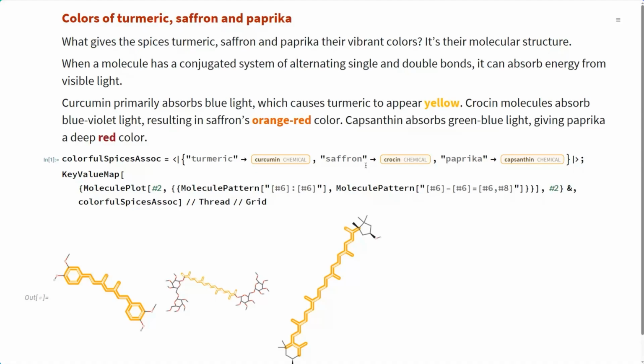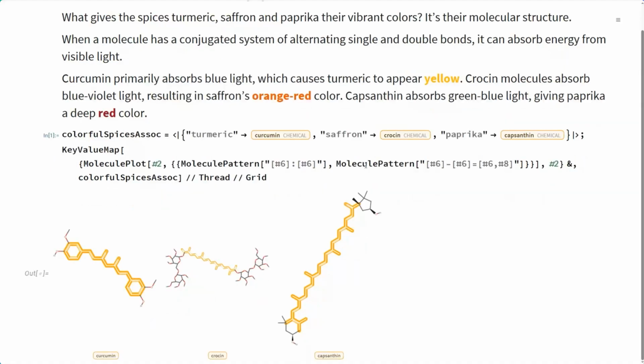So what we're going to look at here real quickly is what gives the spices turmeric, saffron, and paprika their vibrant colors, right? It's their molecular structure. When a molecule has a conjugated system of alternating single and double bonds, it can absorb energy from visible light. So curcumin absorbs blue light, and as you can see there on the left, that causes turmeric to appear yellow.